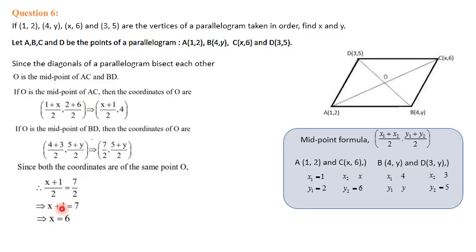Finally x is equal to 7 minus 1, that is 6. Similarly, we can take the y values. 4 is equal to (5 plus y)/2. Then cross multiply it. 5 plus y is equal to 4 into 2, that is 8. So y is equal to 8 minus 5, which is 3. So we have got x is equal to 6 and y is equal to 3.